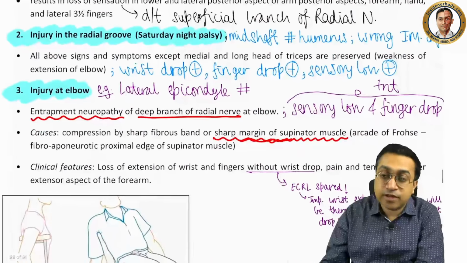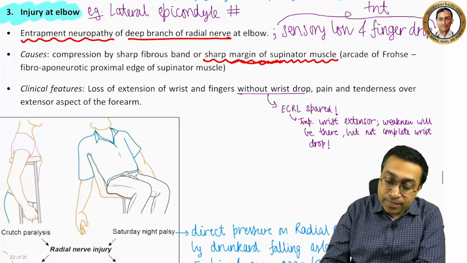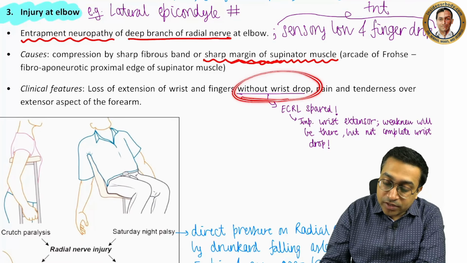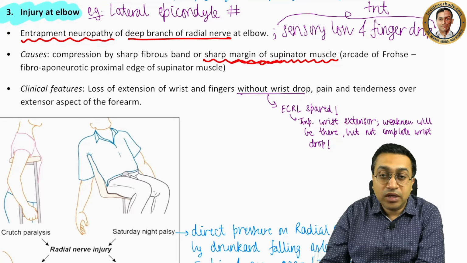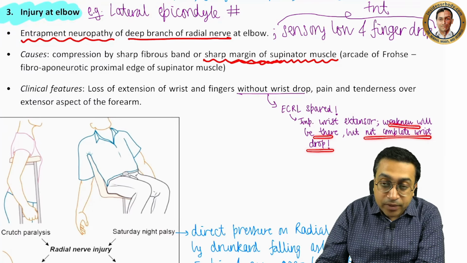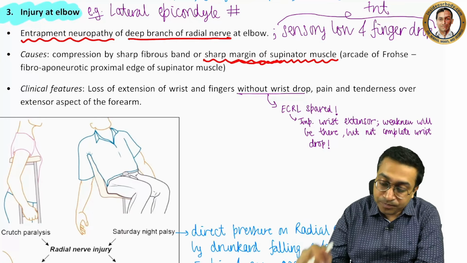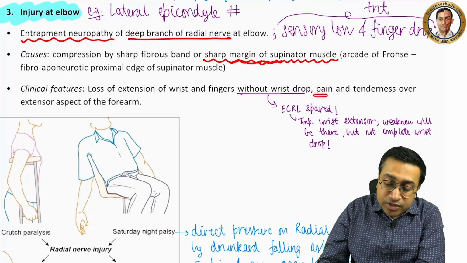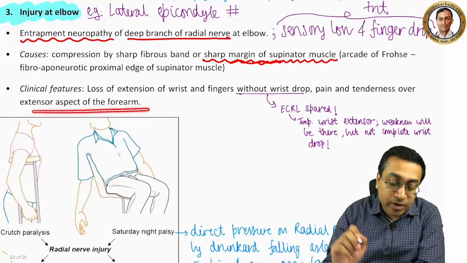This question has been asked in USMLE also, so you have to remember this point. There is no wrist drop, and the reason we have already discussed: because it's an important wrist extensor. Wrist extensors are many, but this one is a very important one. So weakness will be there, but there will not be a complete wrist drop. So you cannot say classically wrist drop is present. Then other features like pain, tenderness over the extensor aspect of the forearm.